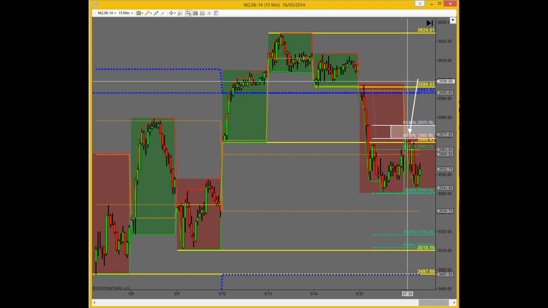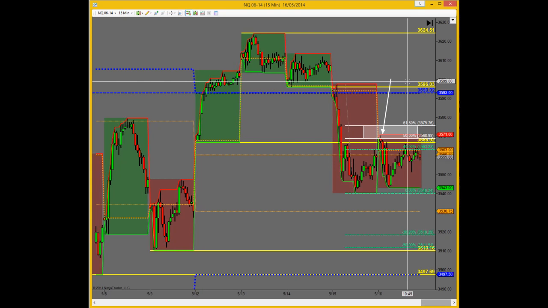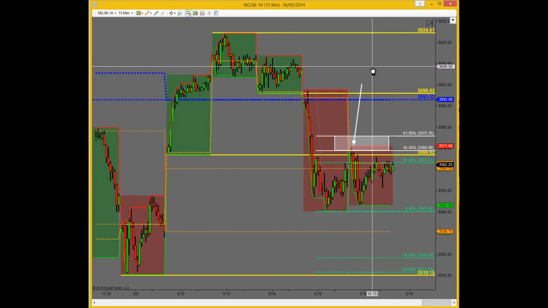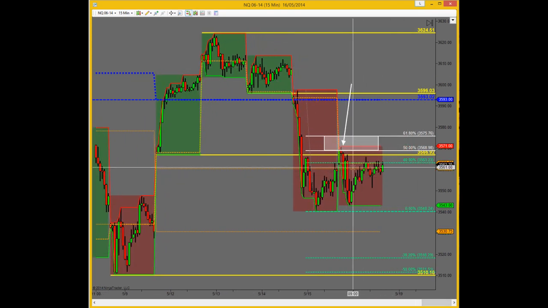As you can see, the price went right to that zone, and that gives me a very good idea that it would be a ranging market, because it opens below the 50% and encounters sellers right there.